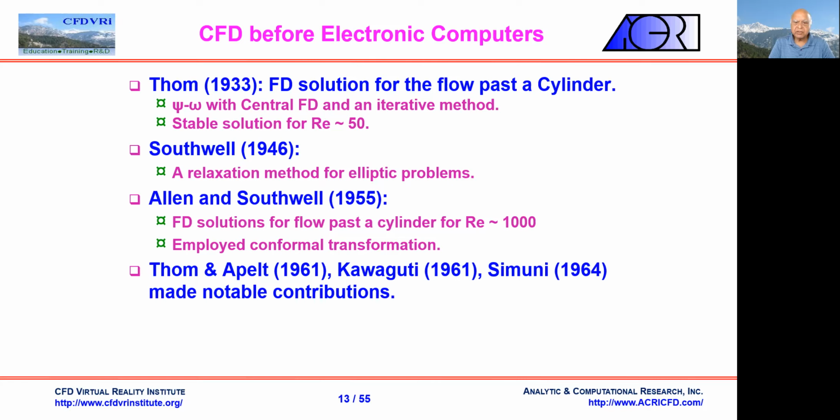One of the new innovations they introduced was to employ conformal transformation. Flow past a cylinder is essentially an infinite domain, so they used a tangent-based transformation to reduce it to a finite domain. Other people who were active during this time before computers were Thom and Apelt, Kawaguchi, Simuni. They also made important contributions.